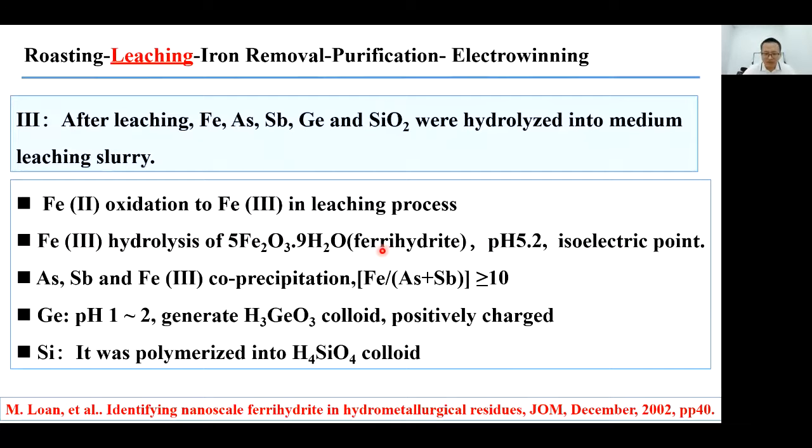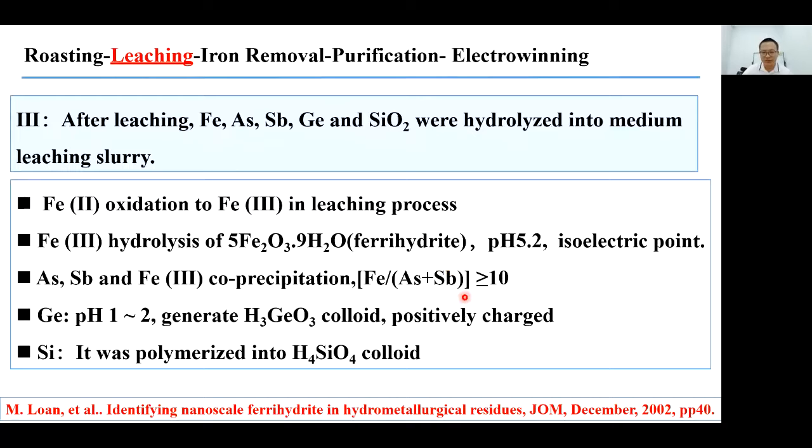So it will colloid, and it will precipitate fast, rapid, and with big particle size. And along with the precipitation of ferrihydrite, the other impurities like arsenic, antimony will co-precipitate, especially when the mole ratio between iron and antimony, arsenic is larger than 10. So they will co-precipitate.